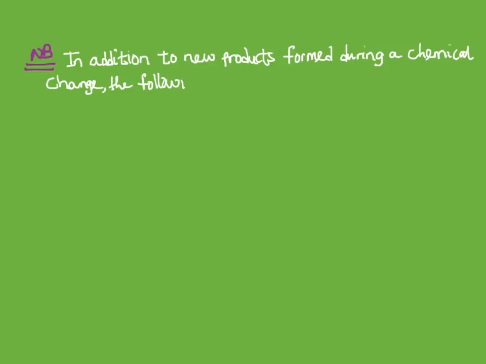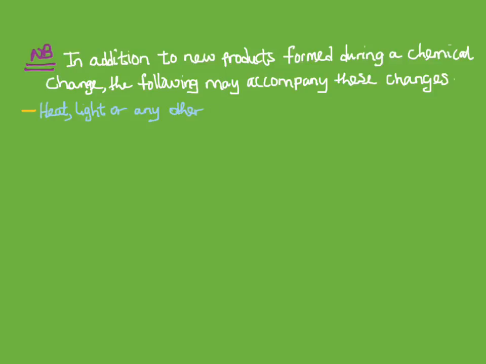Let's note that in addition to new products formed during a chemical change, the following may accompany these changes. Heat, light, or any other radiation may be given off or absorbed.